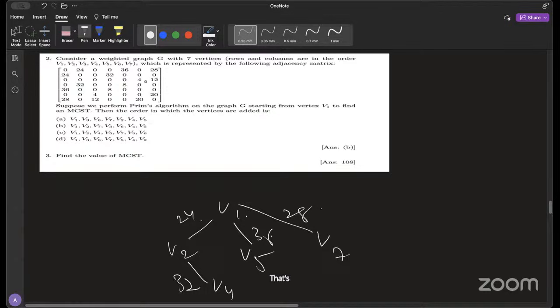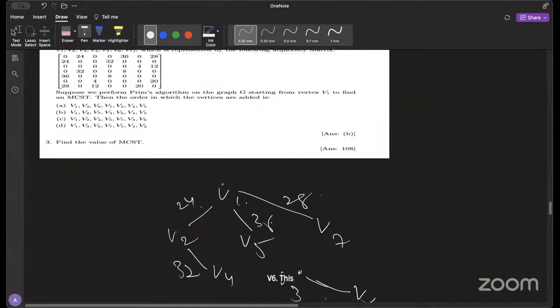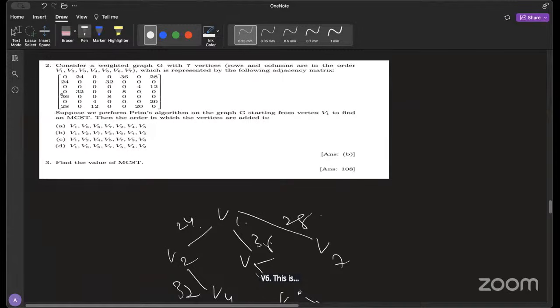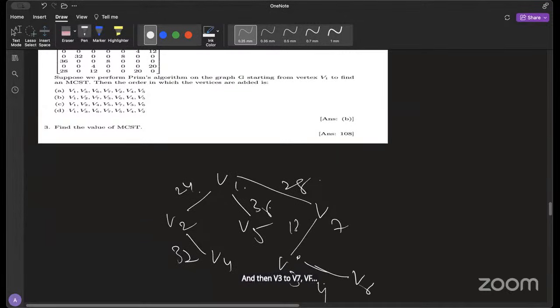That's it. And then from V3 to V6, we have this thing here, V3, V6. This is 4. Yeah, this is 4. And then V3 to V7, we have 12.